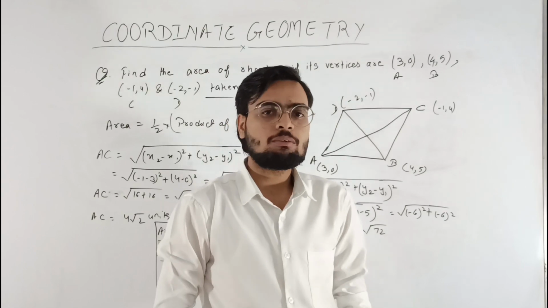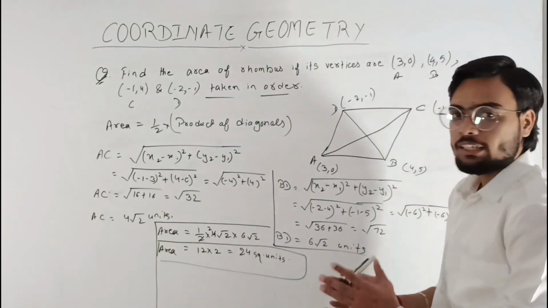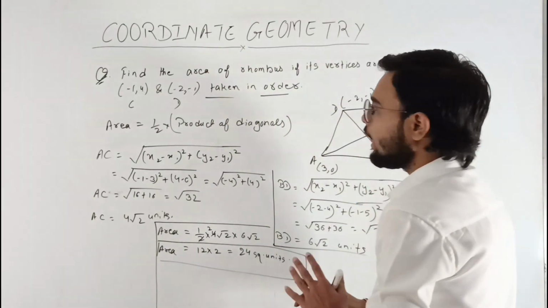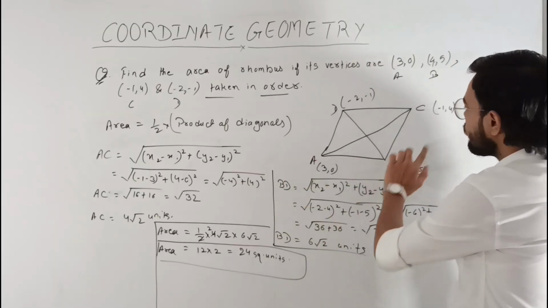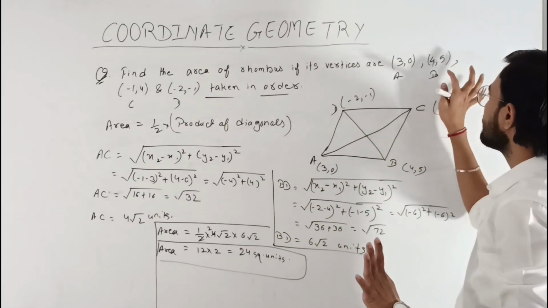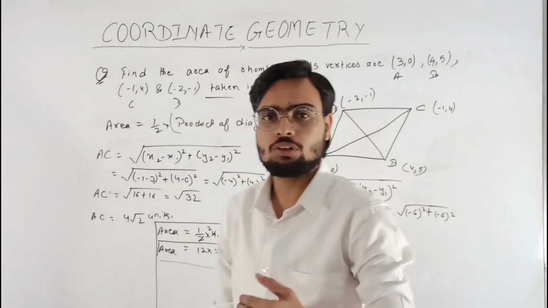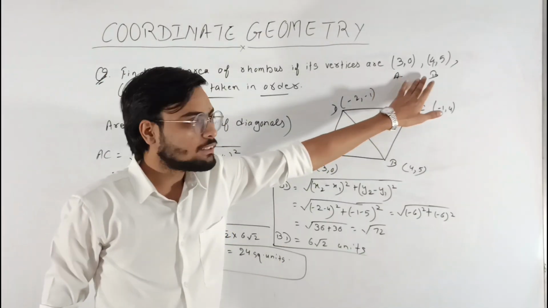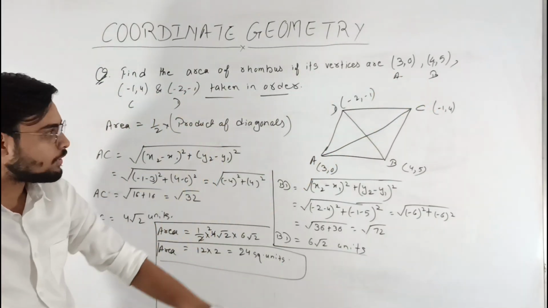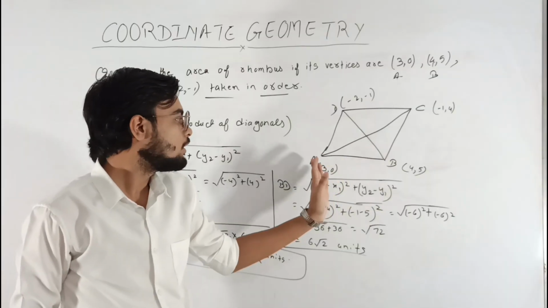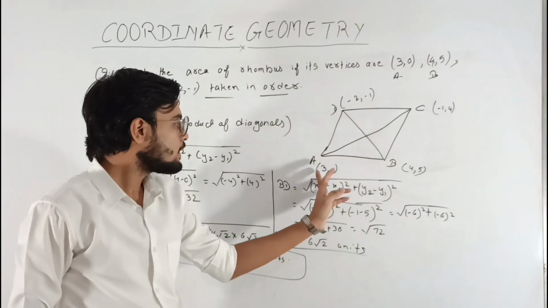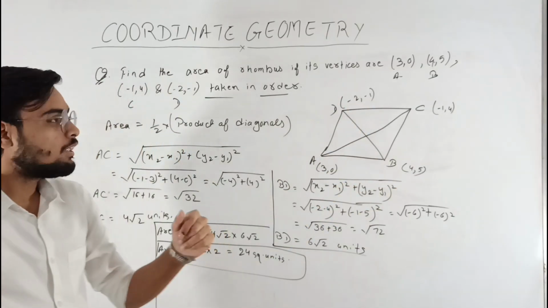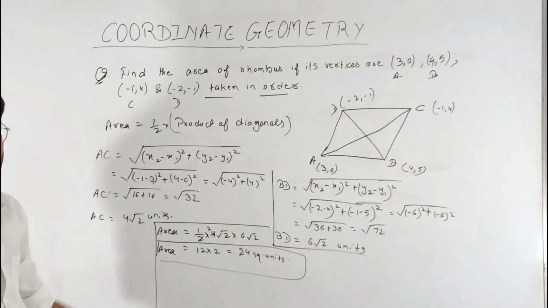Understood? Now let's see one more time. The question said that there is a rhombus ABCD and the coordinates of the vertices are given: 3, 0; 4, 5; minus 1, 4; and minus 2, minus 1. We have to take these in order, which means suppose this is A, then this is B, this is C, this is D. So first I make a diagram of rhombus ABCD. Now look, the area is half into product of its diagonals.